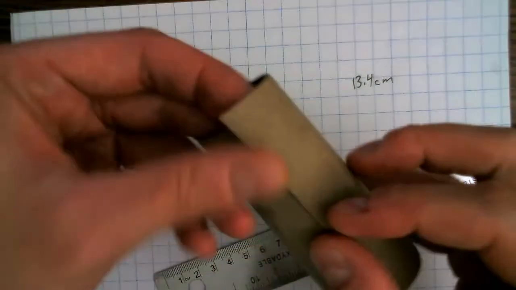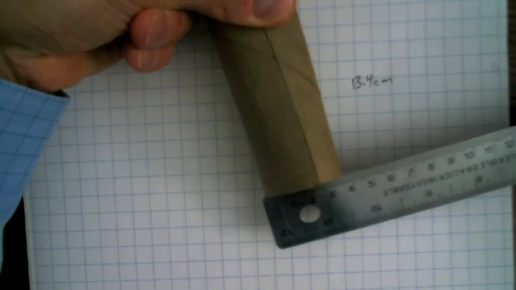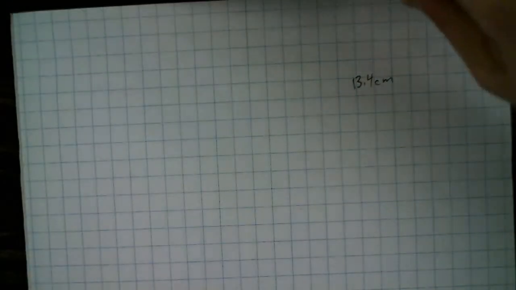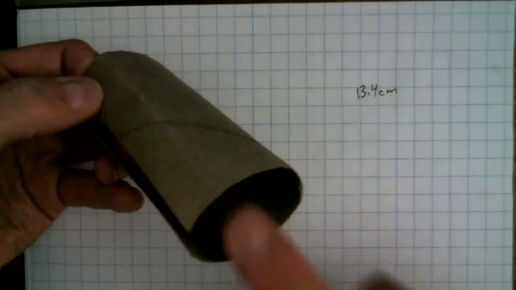But what about this roll is 13.4 centimeters? It's not the diameter, is it? Diameter is far less than that. That's actually the circumference of this circle.